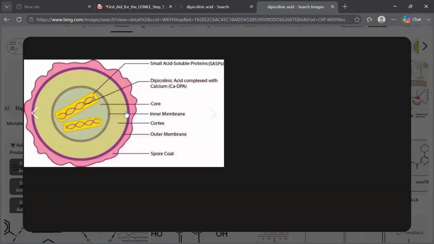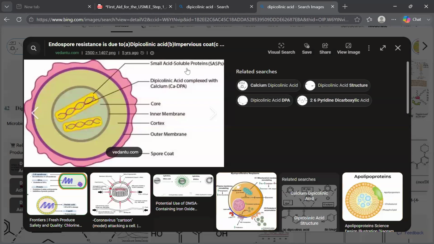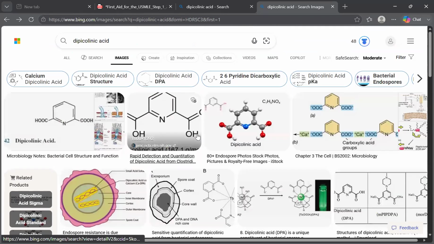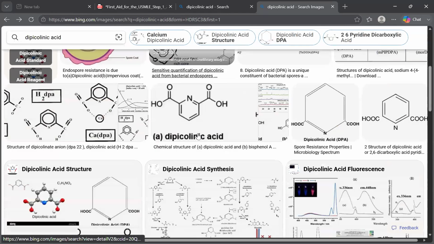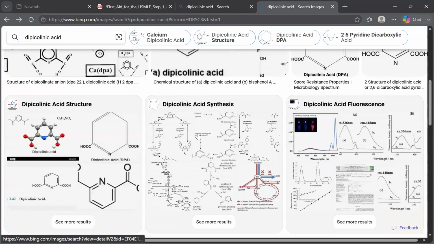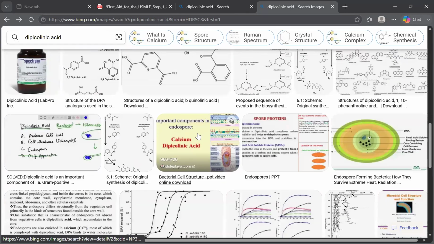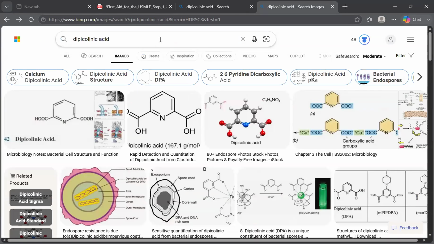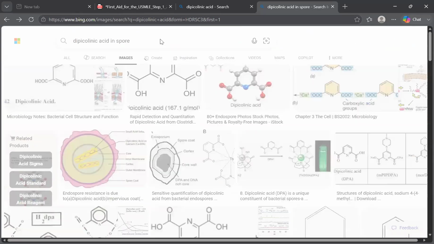So here's an endospore. To study its structure, there is a small acid-soluble protein inside it, its core, inner membrane, cortex, outer membrane, and spore coat. But where is my dipicolinic acid?